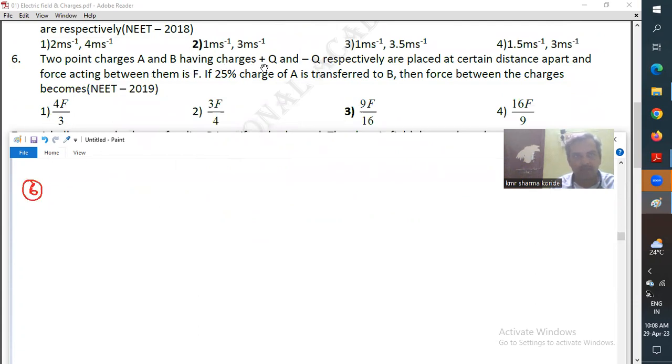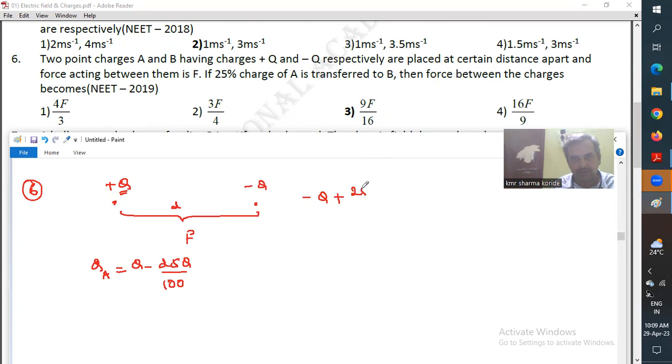Two point charges A and B having charges plus Q and minus Q. Let us say these are the two point charges, this is plus Q and this is minus Q. They are placed at a certain distance apart, and the force of attraction, because both are opposite charges, is F between them when they are separated by distance D. If 25% of the charge of A is transferred to B, then QA is equal to Q minus 25% Q by 100, and it is added to minus Q. So first, this is 25Q by 100, therefore this is 75Q by 100.